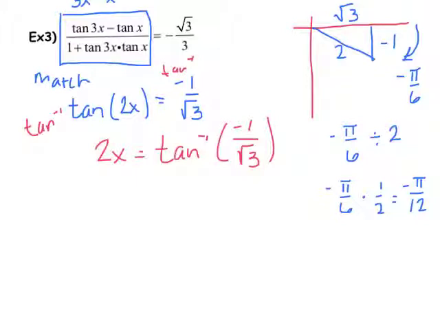All right, so that's it. Remember, we only have one triangle here, and I've already divided by that 2. So x equals negative pi over 12, and then also special because I'm only going to add pi in.